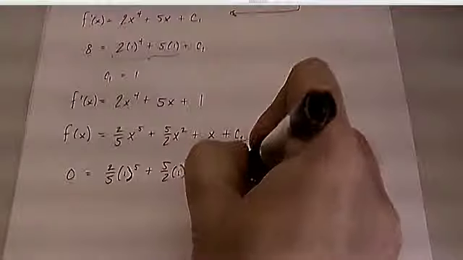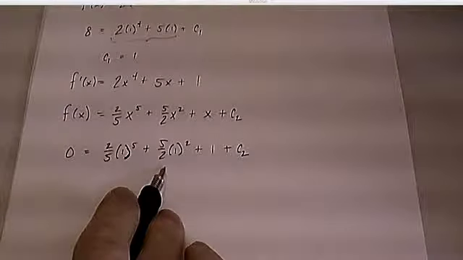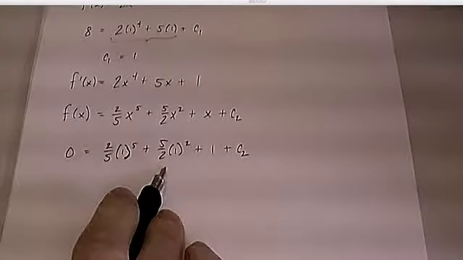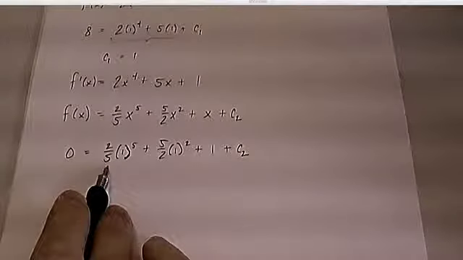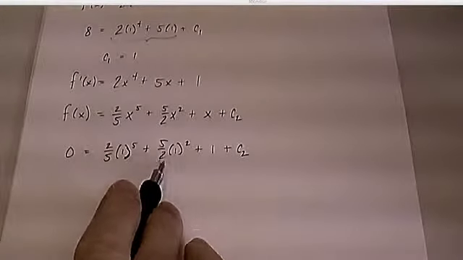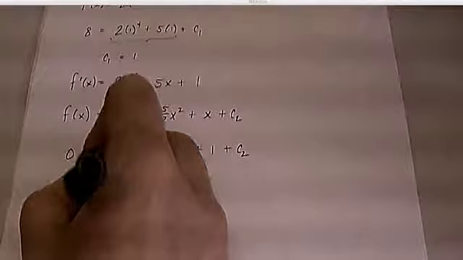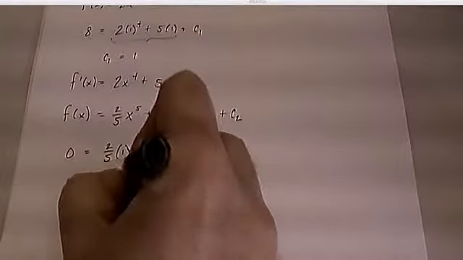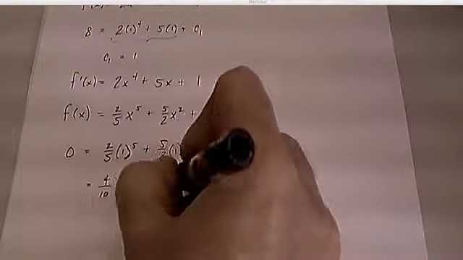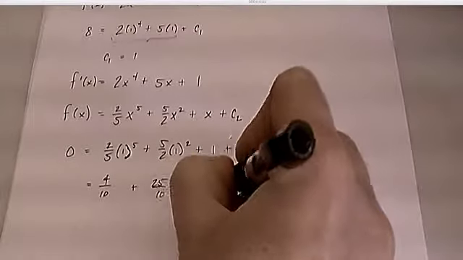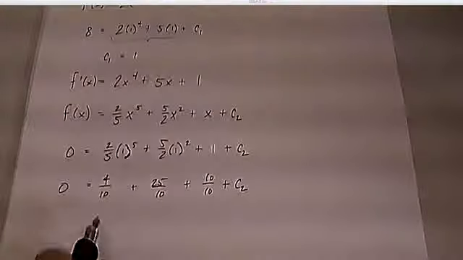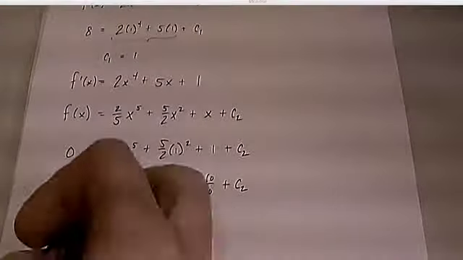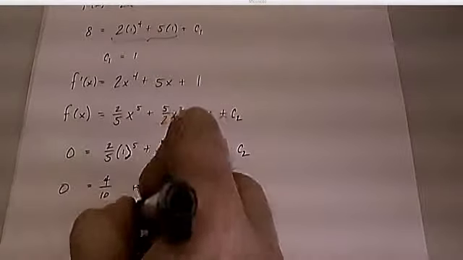This is going to be a little bit more messy because this is 2/5, this is 5/2. I need to get a common denominator. Let's use tenths, okay? This is 4/10, this is 25/10, so 4/10 plus 25/10 plus 10/10 plus c2 equals 0. Now this winds up being 39/10, so c2 is equal to negative 39/10.